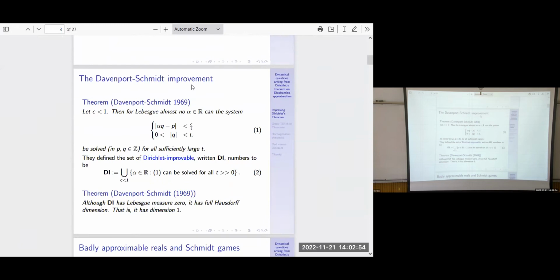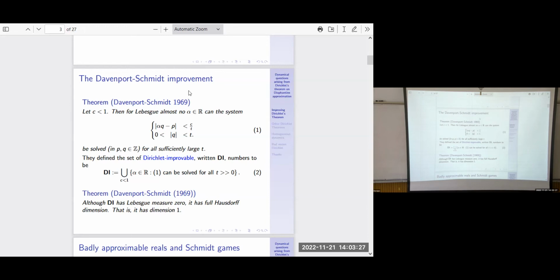So this thing about improving Dirichlet's theorem was started by Davenport-Schmidt in 1969, this very famous paper. They proved that if you take some constant less than 1, then for Lebesgue almost no real number can you solve this system for all large enough t. This is the sense in which the constant 1 is optimal.